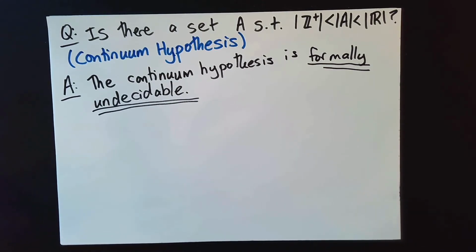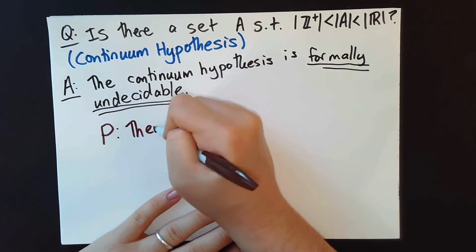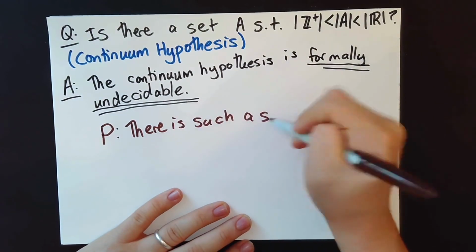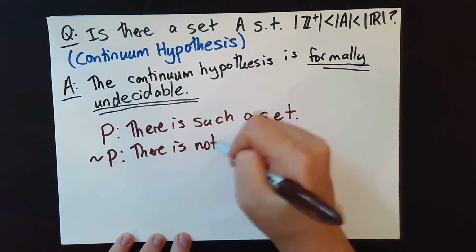Let's go all the way back to when we were talking about propositional logic at the very beginning of the semester. We were talking about statements, like P would be the statement that yes, there is such a set, and then P's negation would be there is not such a set.